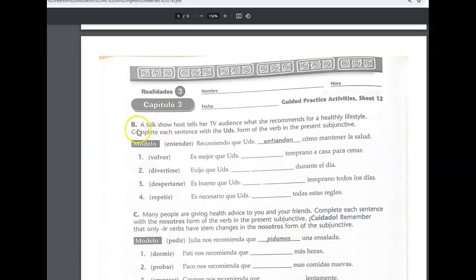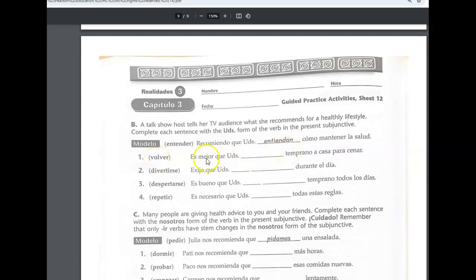Part B. A talk show host tells her TV audience what she recommends for a healthy lifestyle. Complete each sentence with the ustedes form in the present subjunctive. Es mejor que ustedes vuelvan. Remember, there's a stem change there. O-to-U-E. That's the whole point of this activity, is doing the stem change where needed.